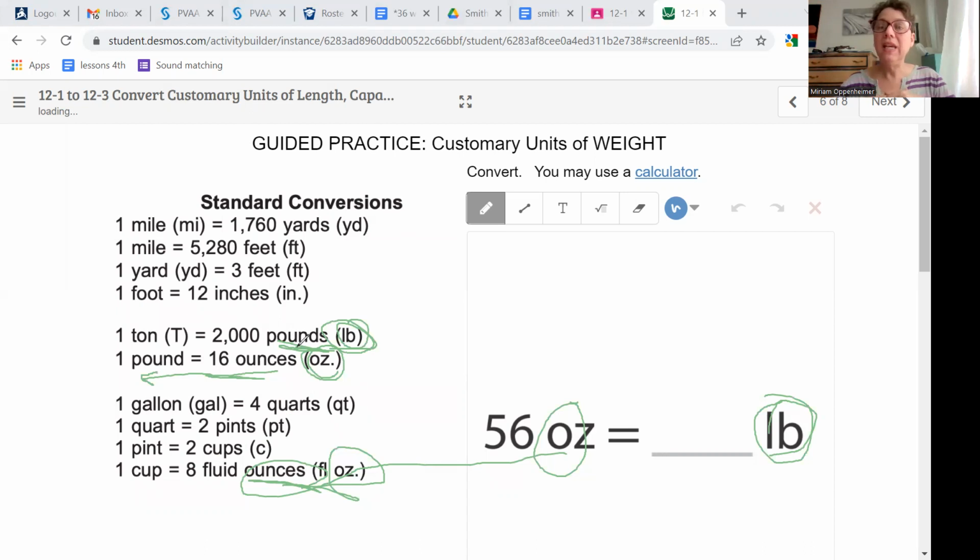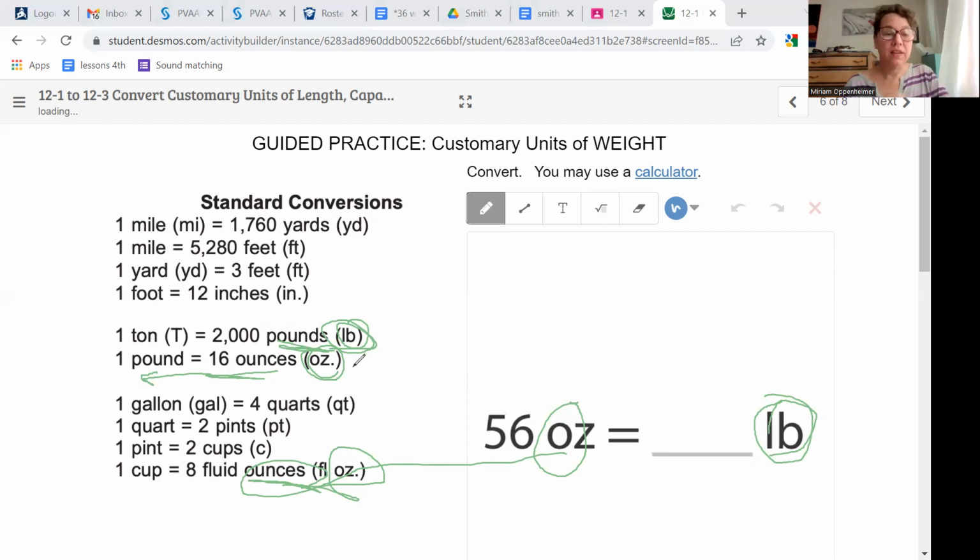We spend money. We need to use this in construction. We use this when there's any kinds of measurements of pounds, like a baby, or we want to measure a person, a grown-up. We're going to use ounces and pounds for so many things, right?